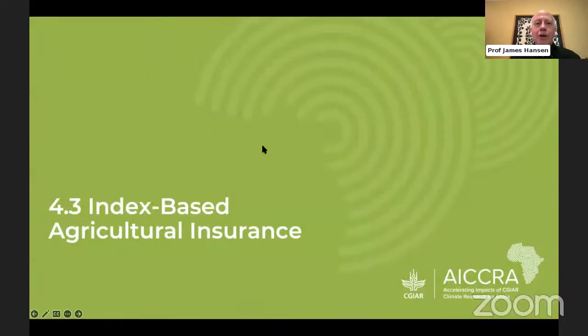The third use of climate services that I want to highlight is insurance, but not any insurance, index-based agricultural insurance, often just called index insurance.